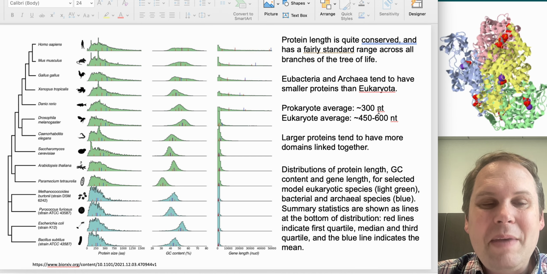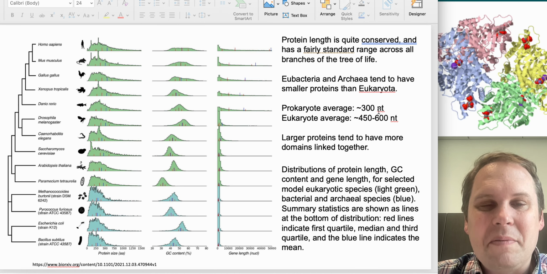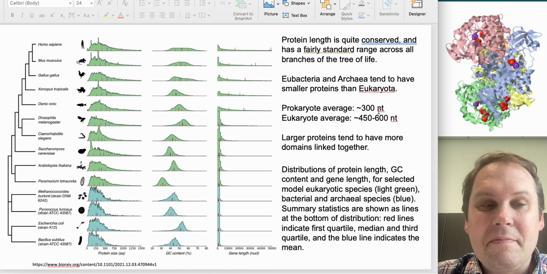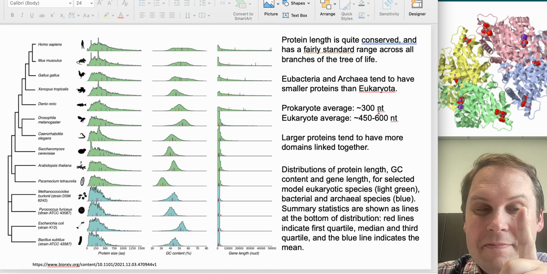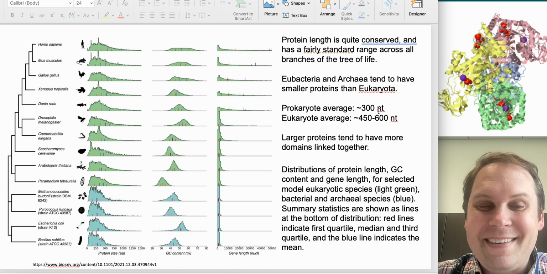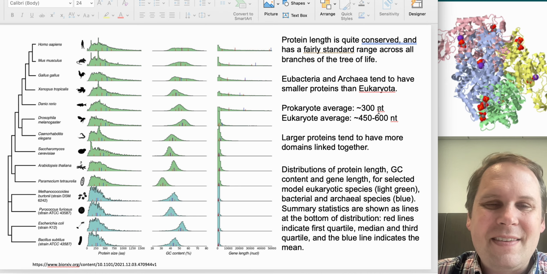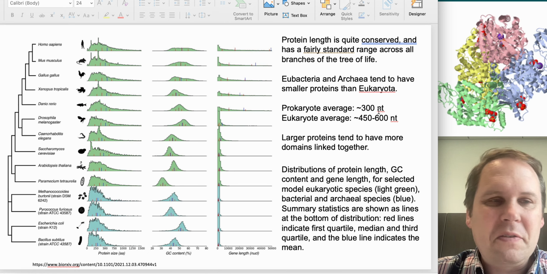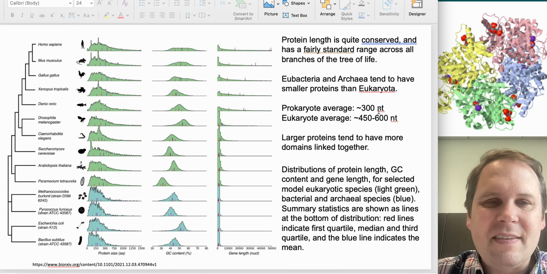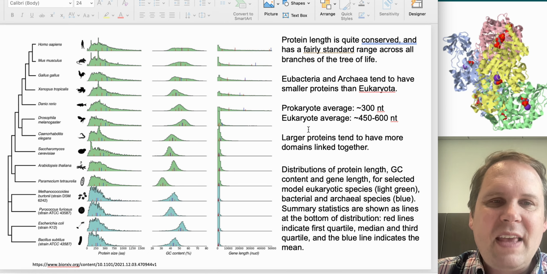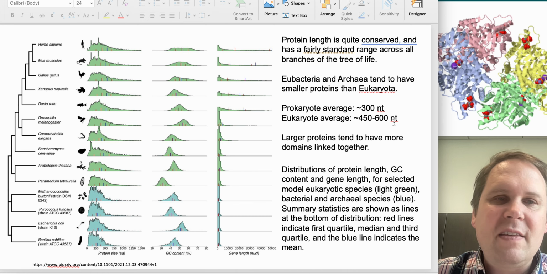So about how many domains do you find in a standard prokaryotic gene? One, right? Yeah, because each domain in bacteria and archaea is about 100 amino acids. That's like the average size. Okay, so for eukaryotes, what's the average size of a gene? Around 450 to 600.